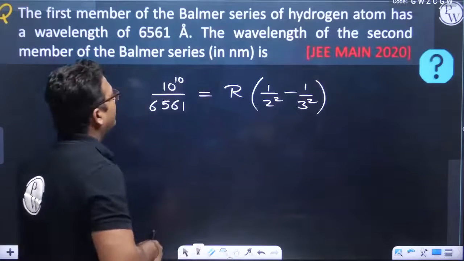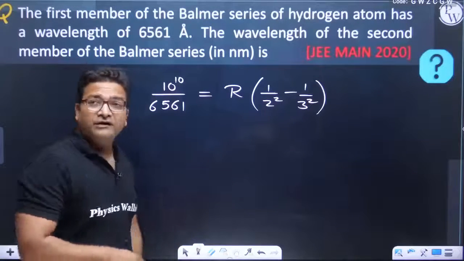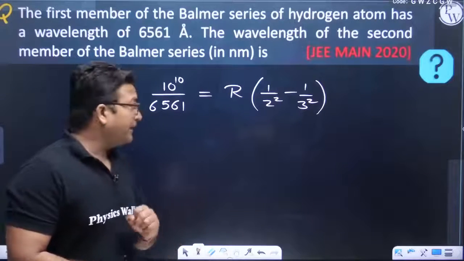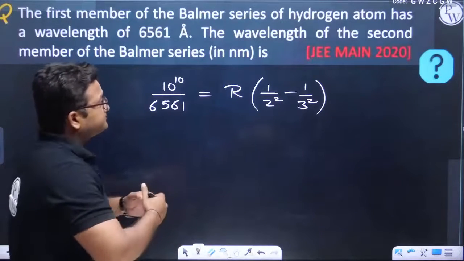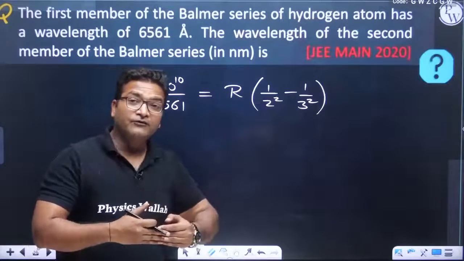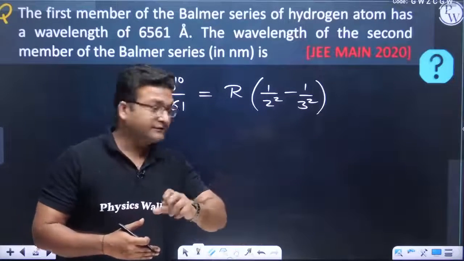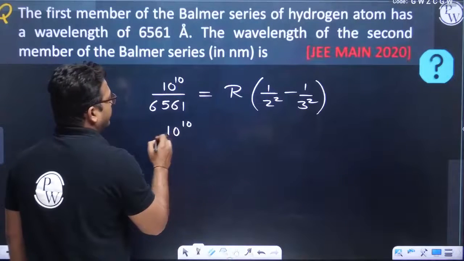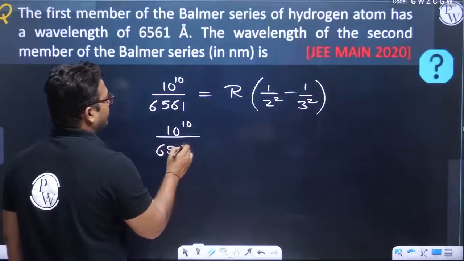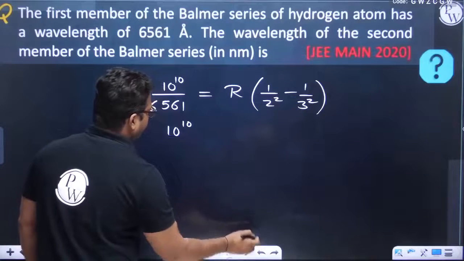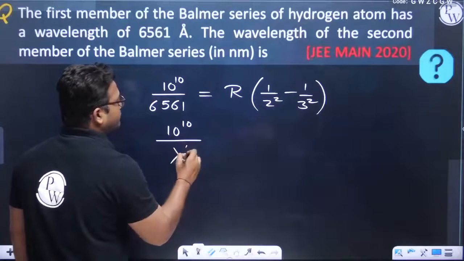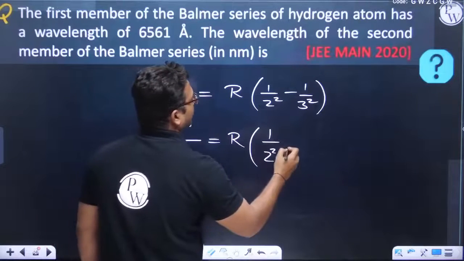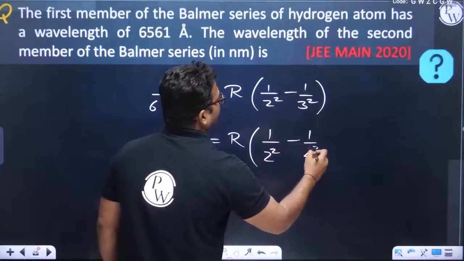And they are asking us what is the wavelength of the second member of the Balmer series. So for the second member, the electron will jump from 4 to 2 in the same atom, and I can write 10 to the power 10 divided by 6561, the new wavelength lambda dash equals R times 1 over 2 square minus 1 over 4 square.